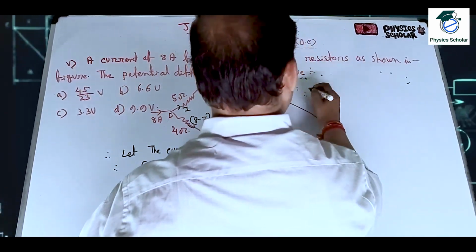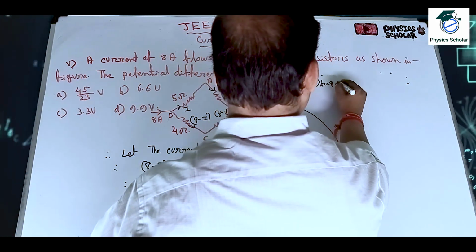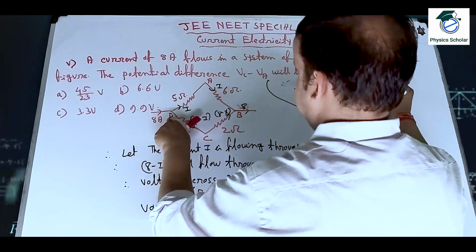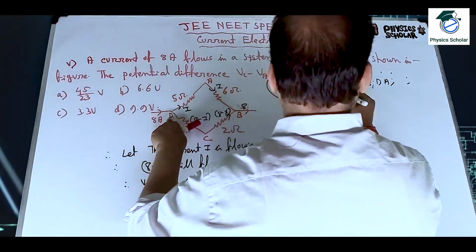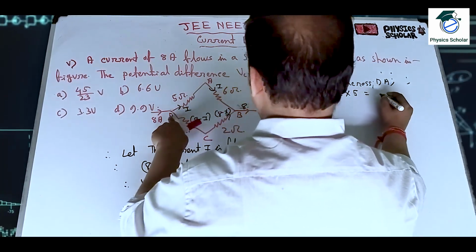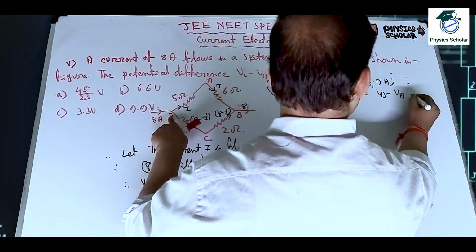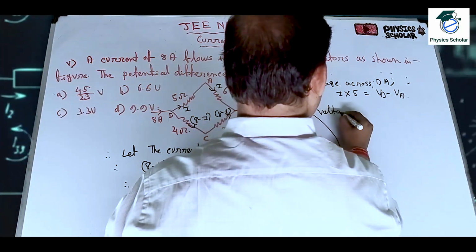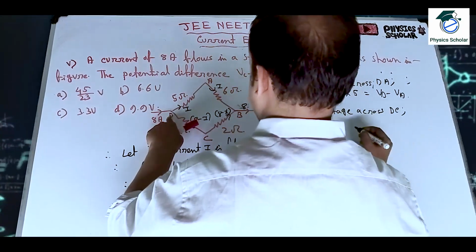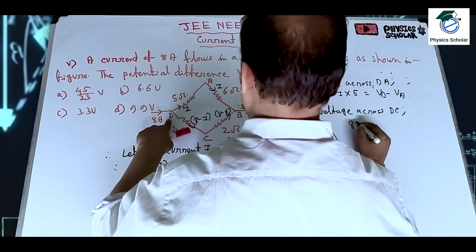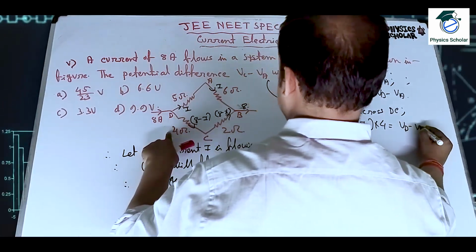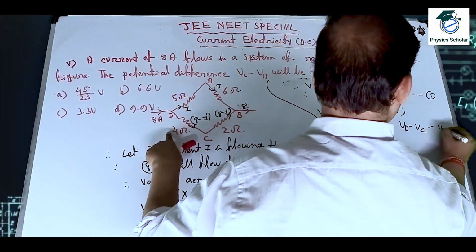So the voltage across DA is I into R, which means 5I, is equal to VD minus VA. This is number 1. The voltage across DC is 8 minus I into 4, is equal to VD minus VC. This is number 2.